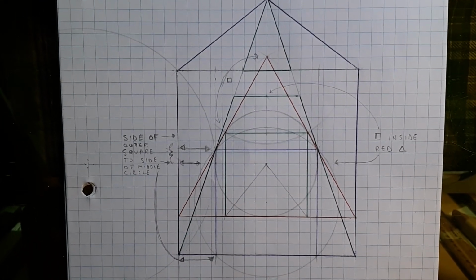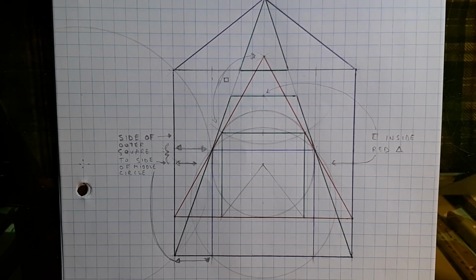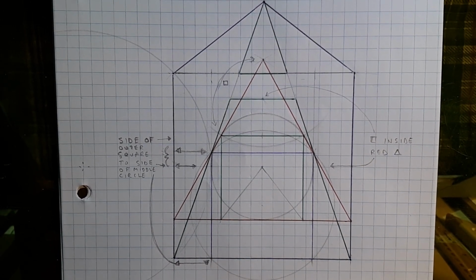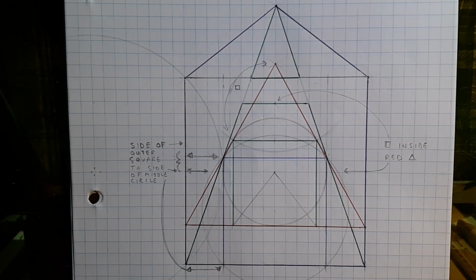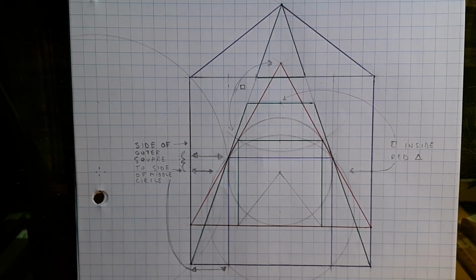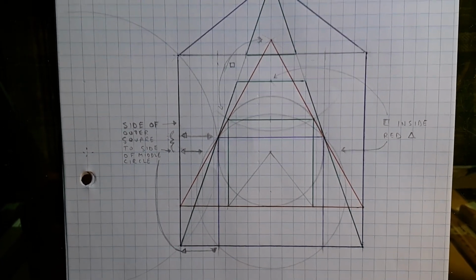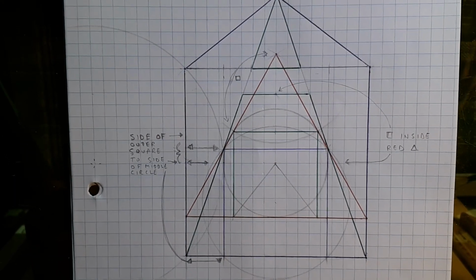And then I went back to this similar arrangement, and I started to work out the different squares that I could find for the different triangles.